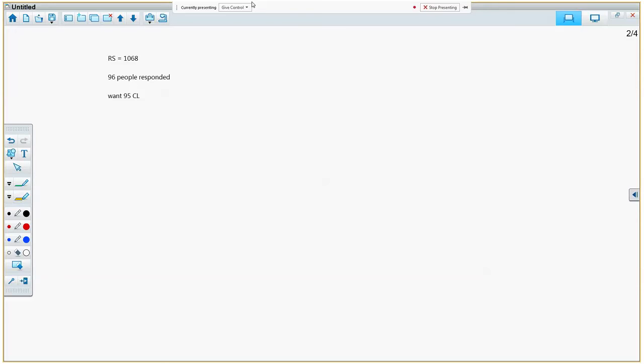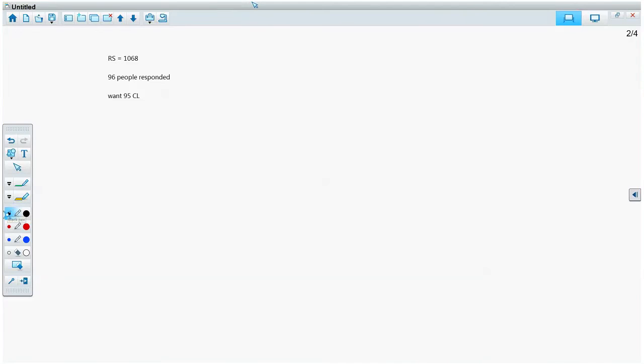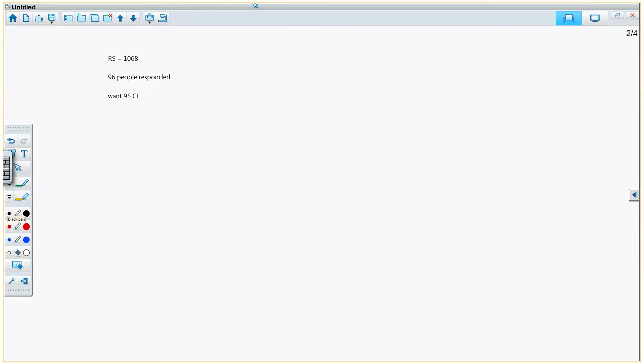Okay, so let's do this problem. First thing is we gotta get P hat. Once you find a couple of pieces, then all you have to do is look at the formulas. The formulas tell you what to do, unless you just don't want to look at them and learn them, and then you'll just be lost. P hat is equal to what?